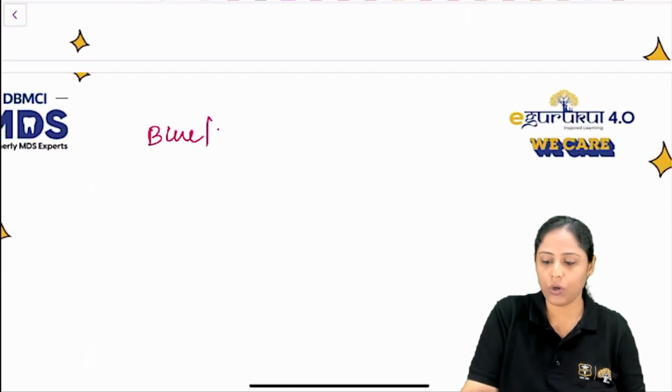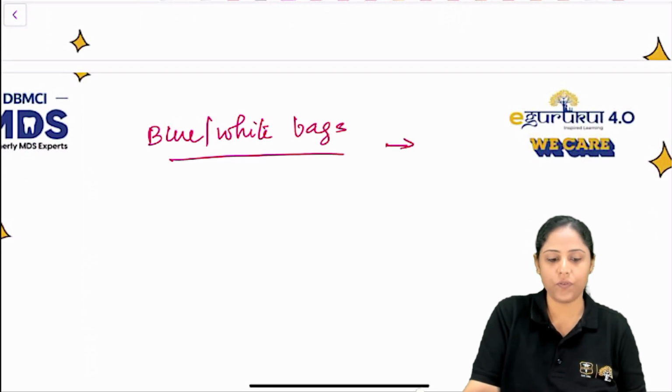Blue or white bags is for disposing sharps.